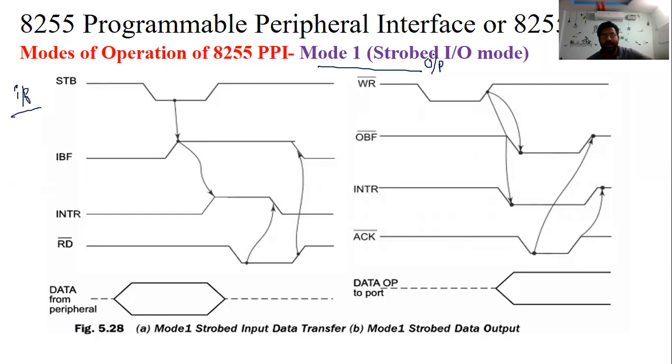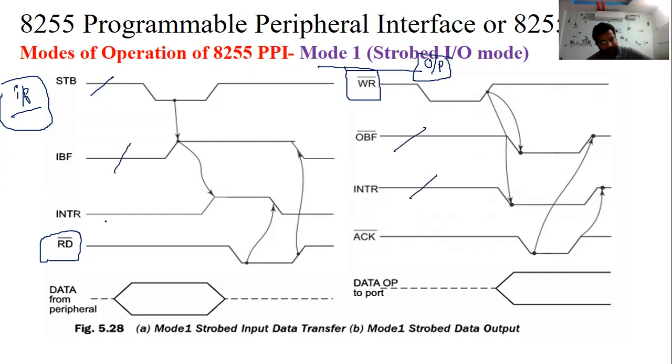In input mode, the read signal is the last operation performed, but in output mode the write signal is the first operation performed. Instead of the strobe signal you use the OBF signal, and instead of the IBF signal you use the acknowledgement. The interrupt request is the same.